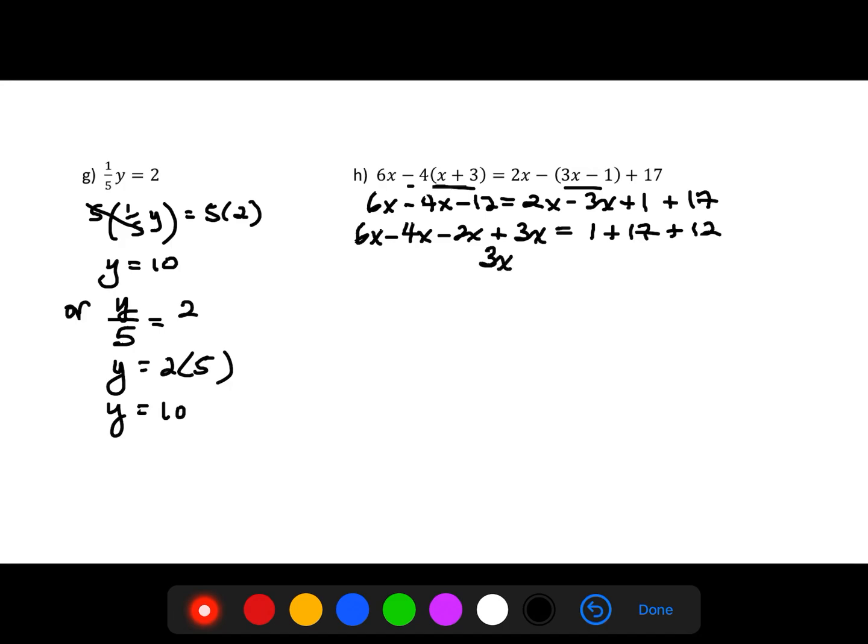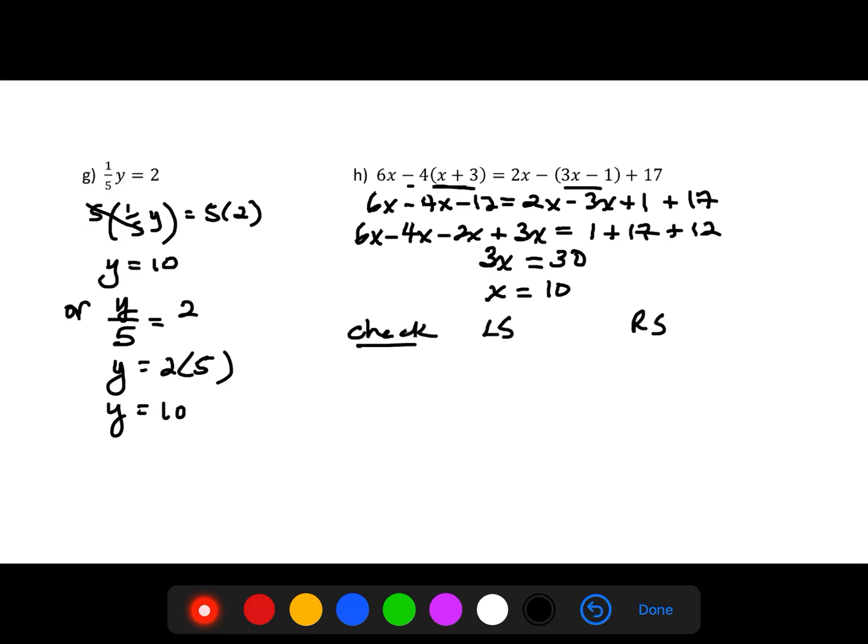Simplifying, we get 6 minus 4 is 2, minus 2 is 0, plus 3 means we have 3x, and equal to 30 means that we're going to divide both sides by 3, or 30 divided by 3 means x has to be equal to 10.